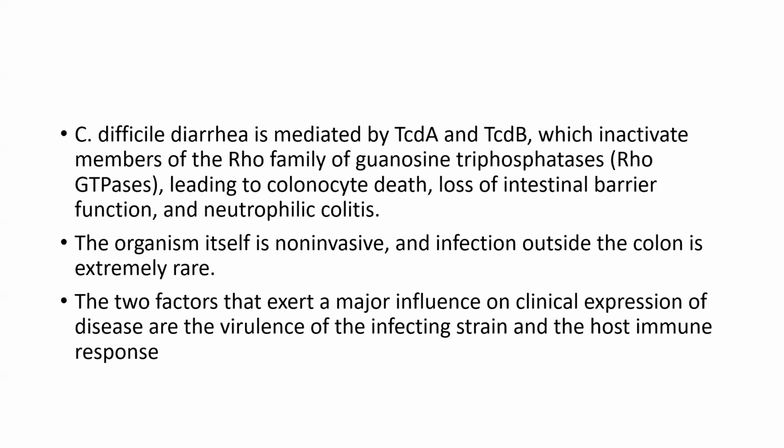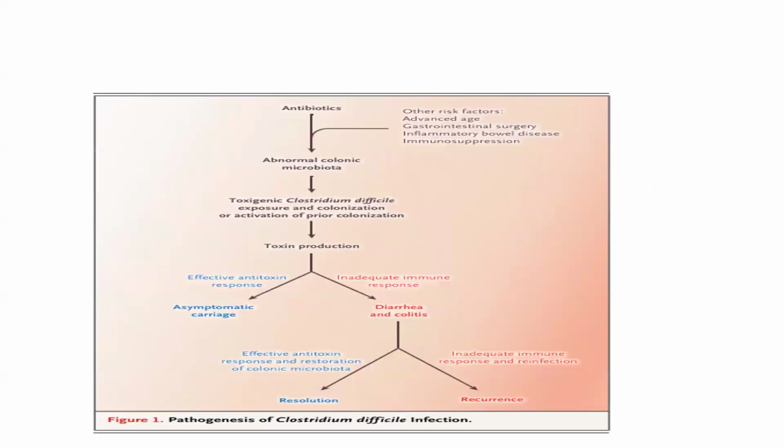The two factors that exert major influence on the clinical expression of the disease are the virulence of the infecting strain and the host immune response. This is the schematic representation of the pathogenesis of the bacteria. The first risk factor is antibiotics, as I already mentioned, and other risk factors are advanced age, gastrointestinal surgery, inflammatory bowel disease, and immunosuppression.